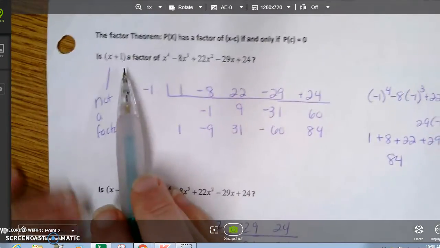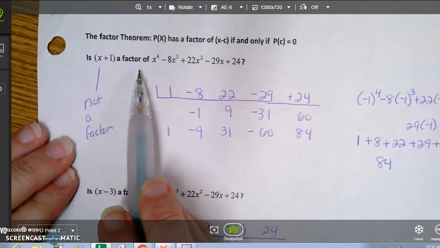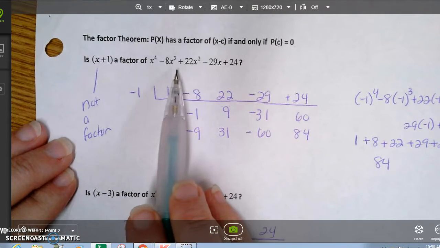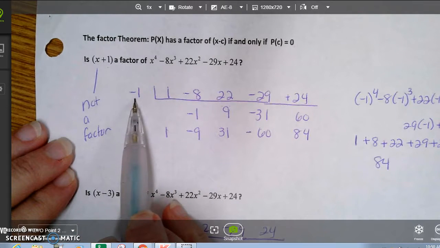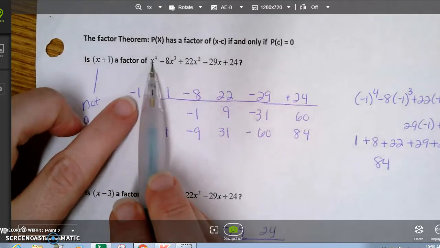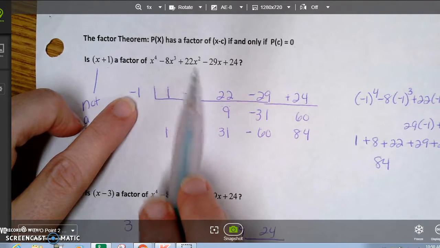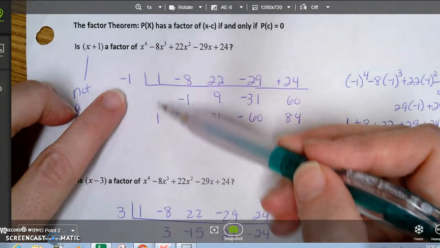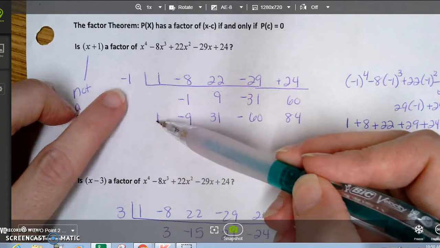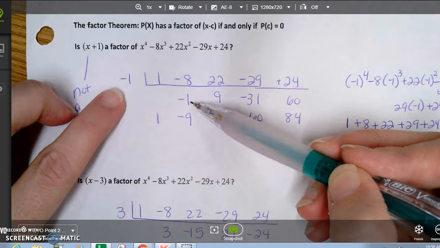So I want to know if x plus 1 is a factor of this polynomial. So x plus 1 is the factor, negative 1 is the root. I bring in the negative 1, the 8, the 22, the negative 29, the 24. Bring this down, multiply these two, get this number.